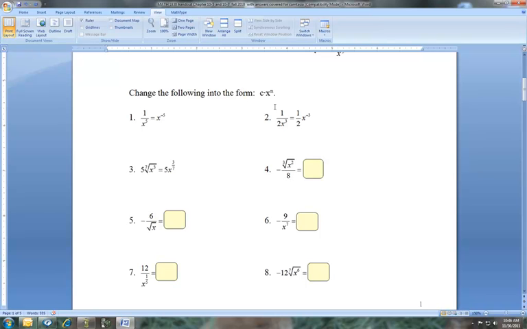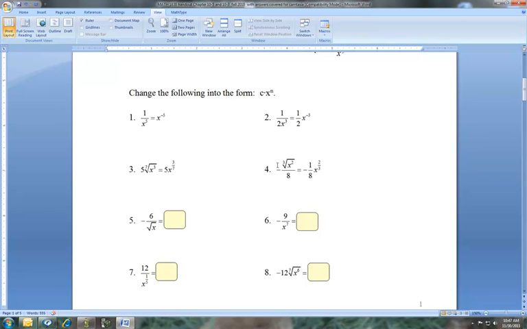This one, I need it in this form, so I need to see what the coefficient is times x raised to the exponent. So I'm going to pull the 8 out. That becomes a negative 1 over 8. The x goes to the back end, and that would be x raised to the 2/3.